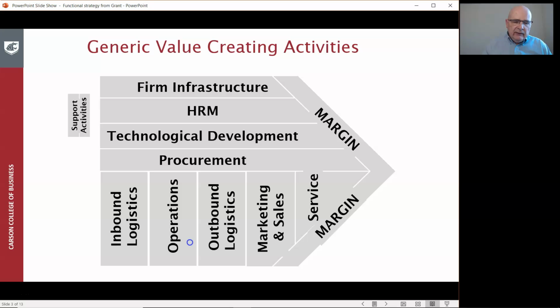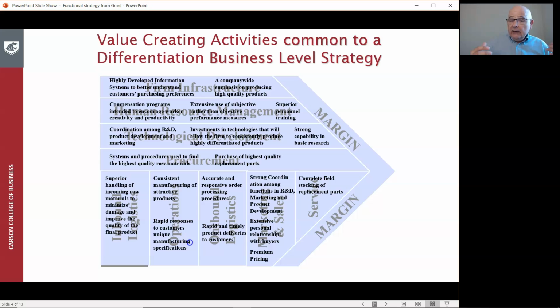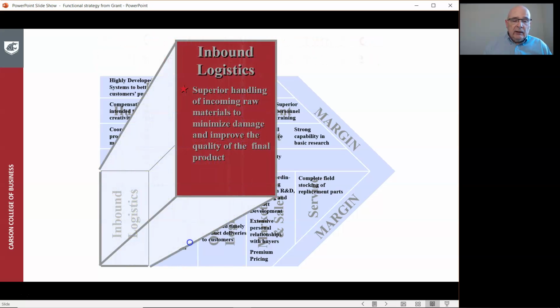Those are primary activities, and then support activities up above. And for, say, a differentiation strategy, there are characteristic ways that you organize those functional strategies, which we can't read on this slide, but we can read on this one.